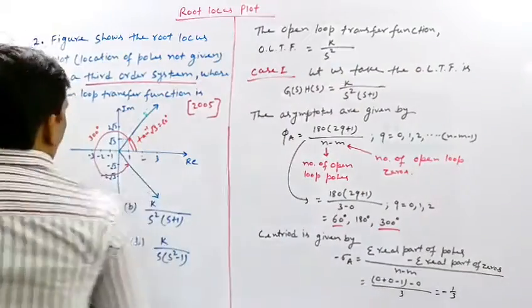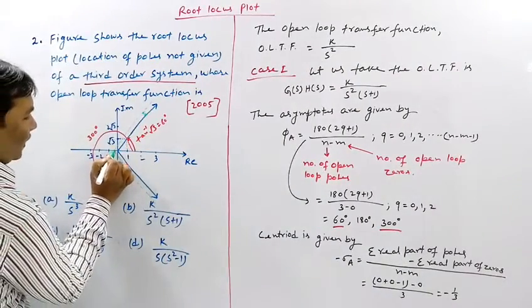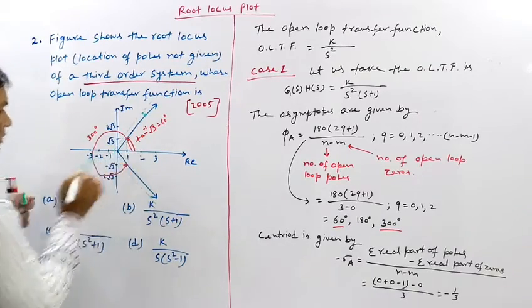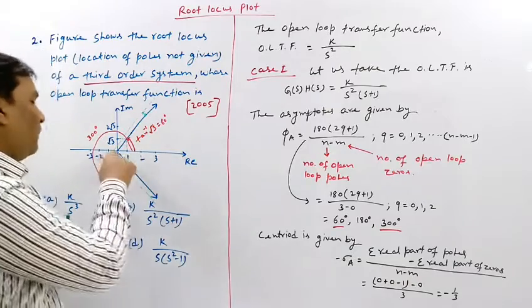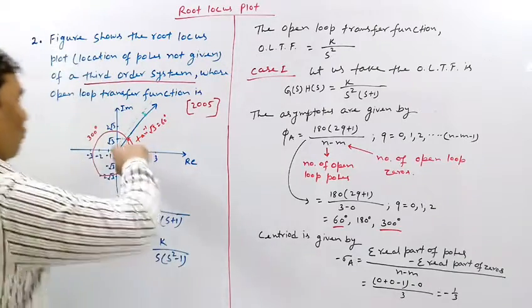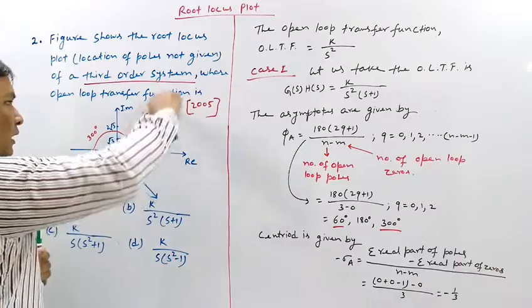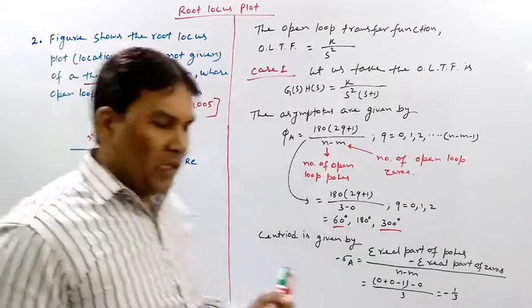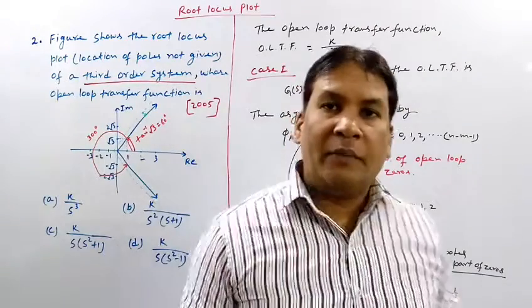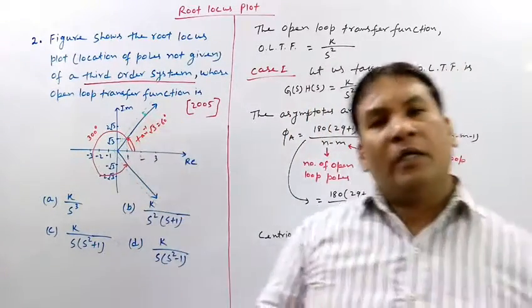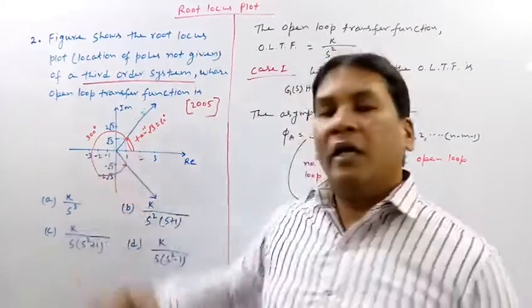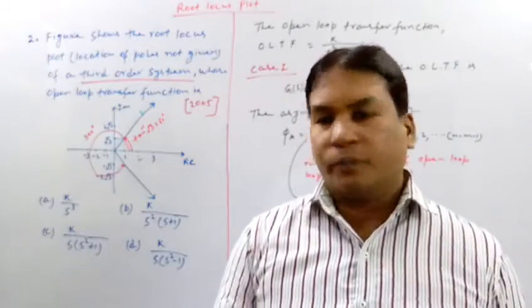So it is clear that the asymptote must not start from here. It should start from 0, because if it starts from 0, then the asymptote will be along the root locus, and there will be no distance in fact between asymptote and the root locus initially and at infinity also.